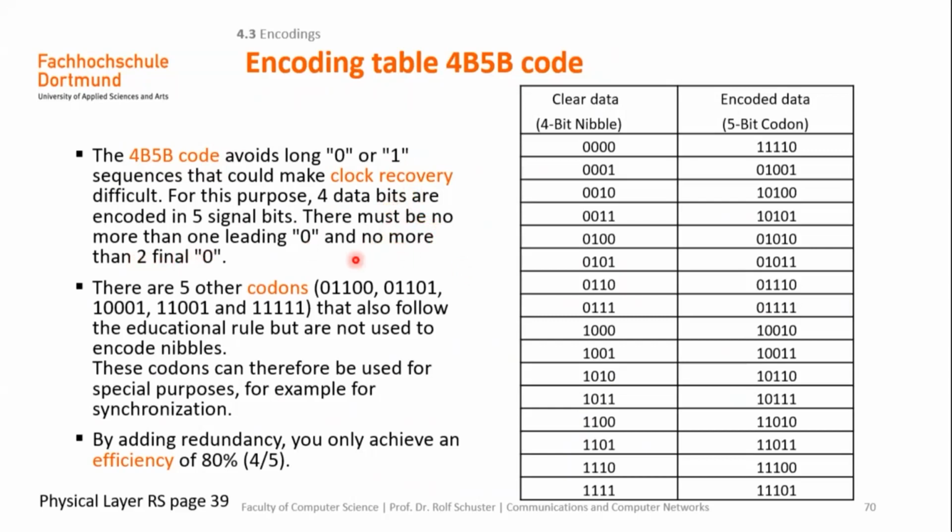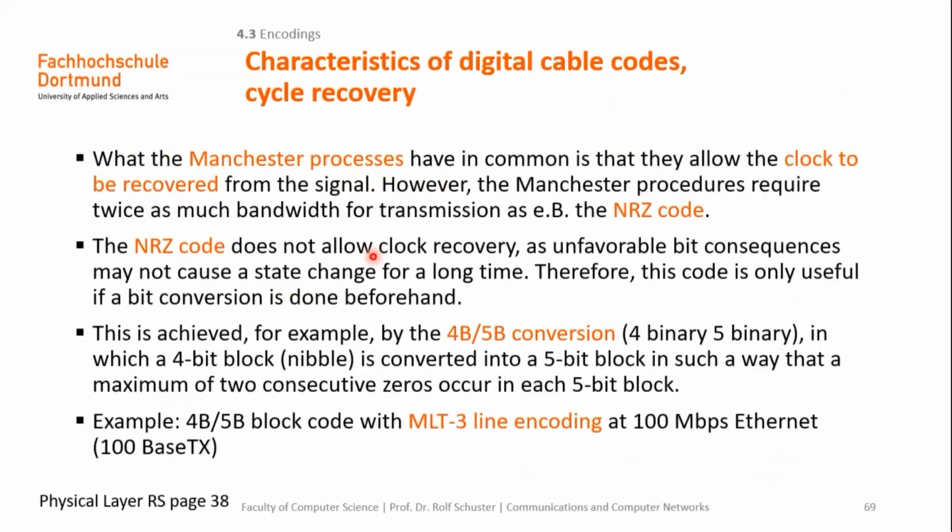That way, we avoid a long run of zeros in the bit stream that we transmit across the line, for instance coded in NRZ, or in the case of this technology, MLT-3.